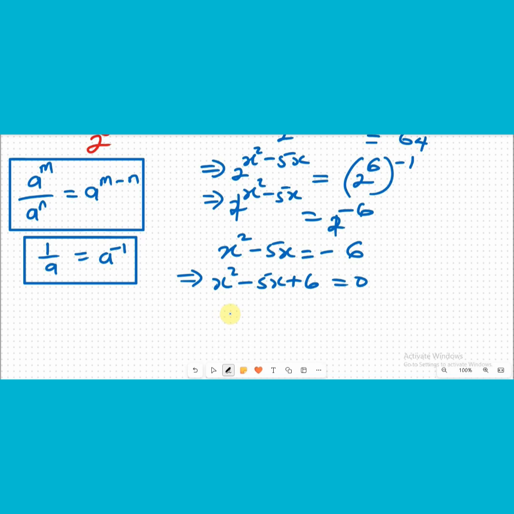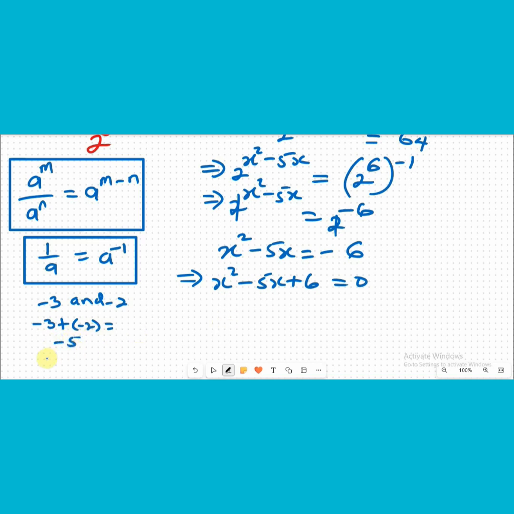For the factorization method, I'm going to look for two numbers that will give me minus 5 when I add them, but will give me plus 6 when I multiply them. The two numbers are minus 3 and minus 2. If you add minus 3 plus minus 2, that gives minus 5.